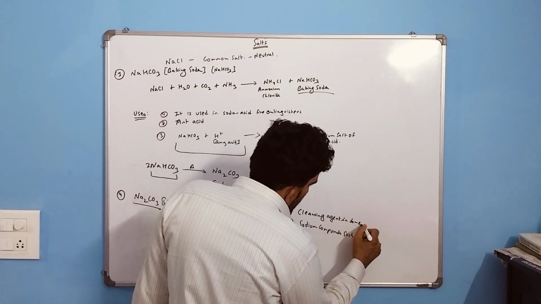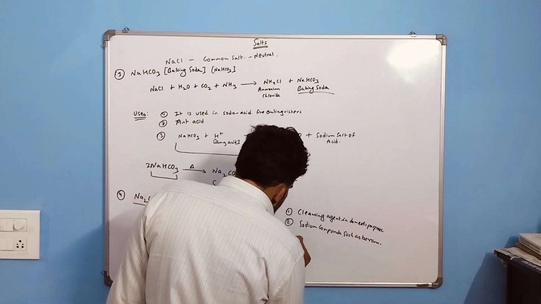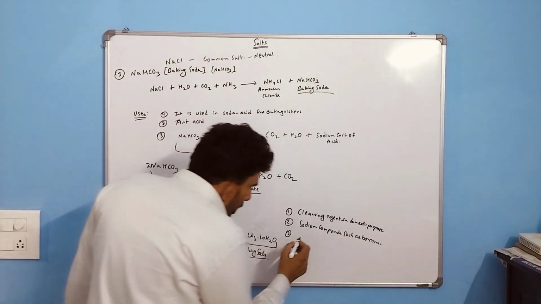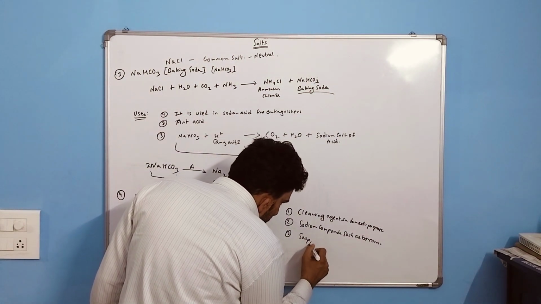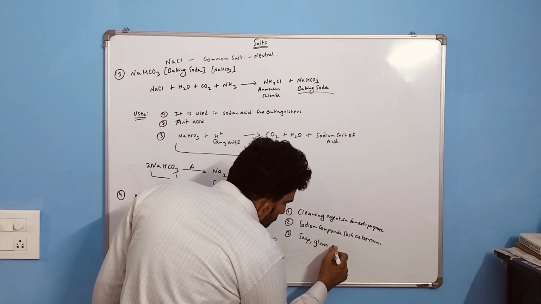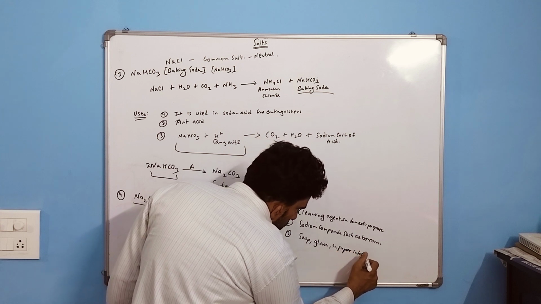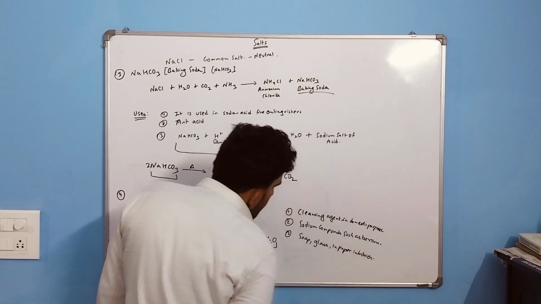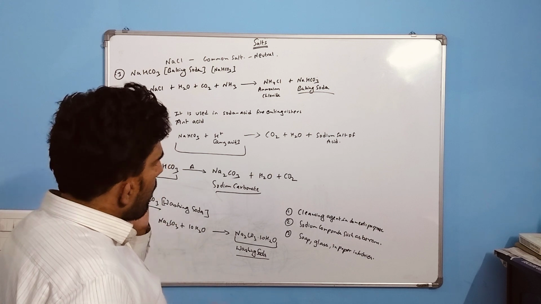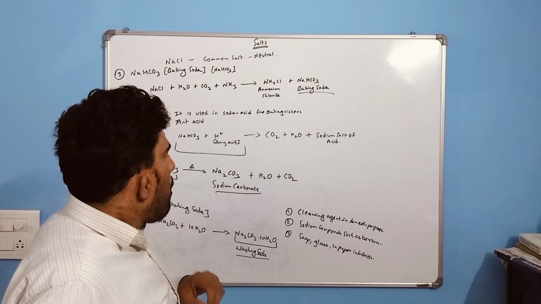It is used to make soap, glass, and it is used in paper industries.